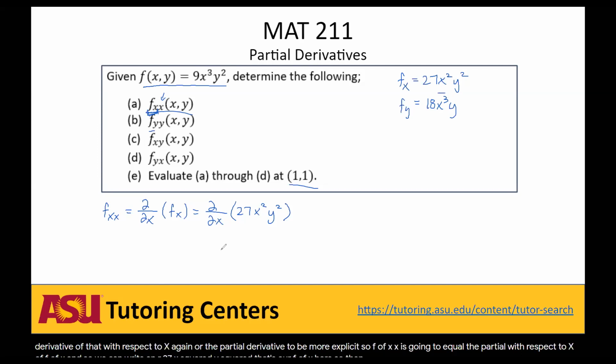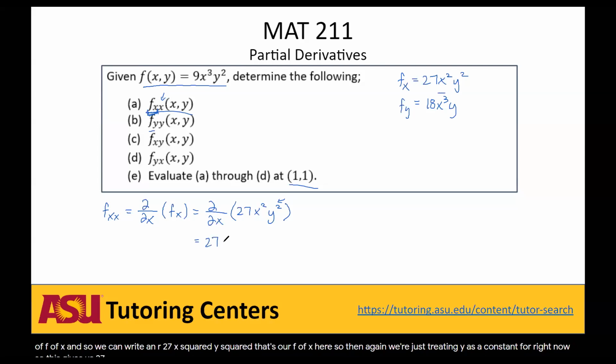So then again, we're just treating y as a constant for right now. So this gives us 27 times the derivative of x squared, which is 2x, times y squared. And if we clean the math up on this, we have 54x y squared.